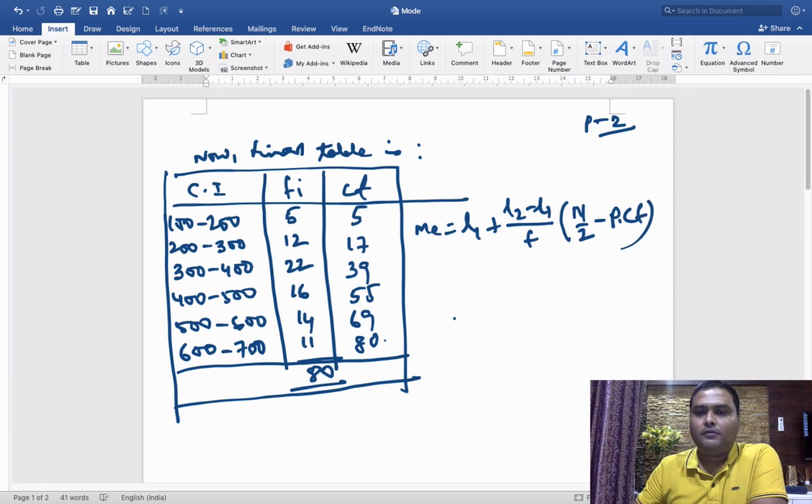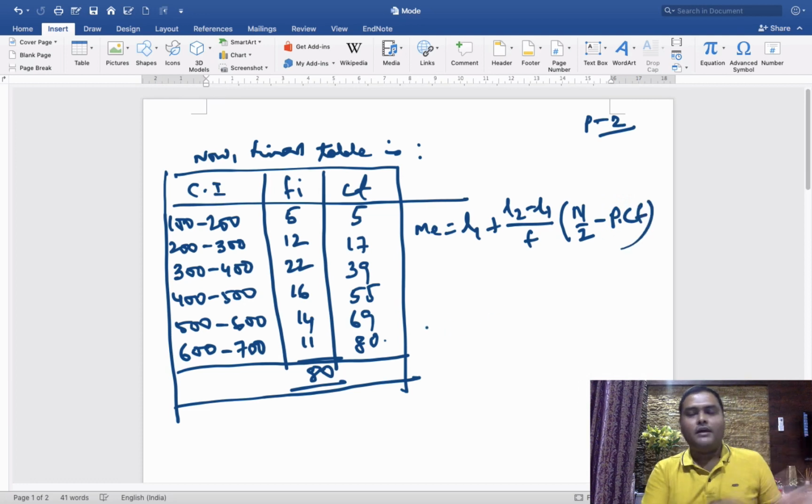This is a simple formula. You can remember it, or you can go back to the previous lecture, wherein I explained the formula of median. Median is nothing but quartile 2. Now, applying this formula, we need to find the median.